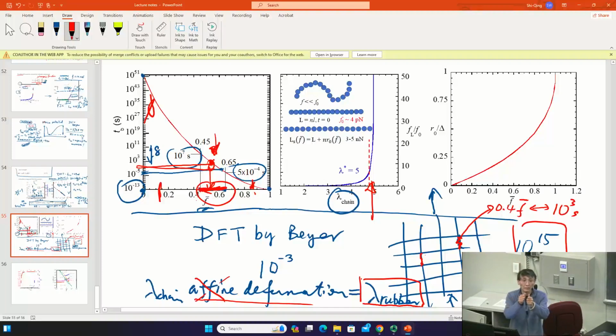You're going to break your sample in a minute, yeah? So 1,000 seconds is too long, meaning any bond that reaches this level of force will not break because it has a 1,000 second lifetime to enjoy.